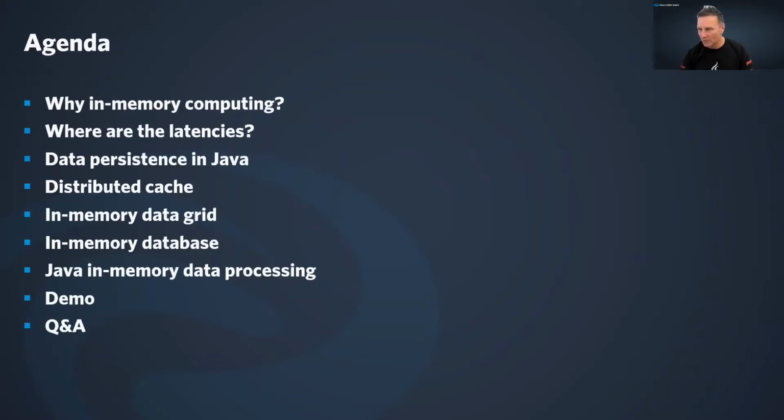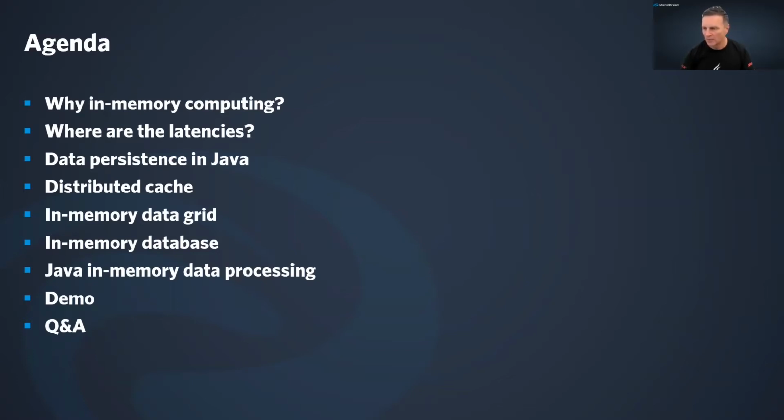I'd like to start with why in-memory computing, and then search for the latency actually. What is the reason to use in-memory computing? Because memory is still expensive, we really need a reason to use the expensive memory. Then I'd like to talk a little bit about persistence in Java.